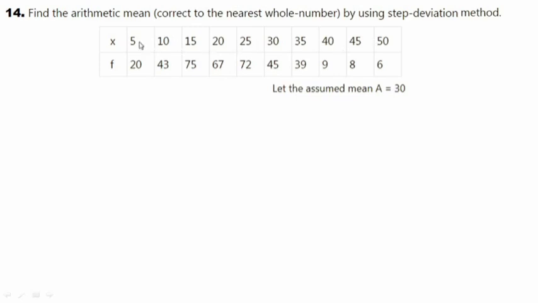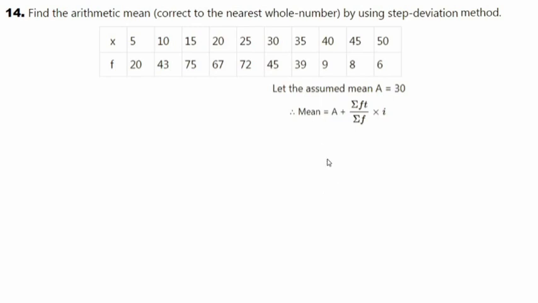You can take anything from this, as you are finding the mean of the observations. I'm taking my assumed mean to be 30. If you want to take 25, that's also fine, that's your choice, but let me take the assumed mean a equal to 30.